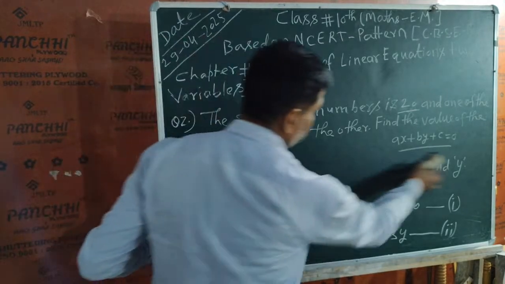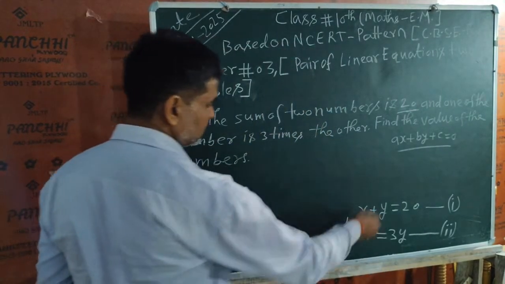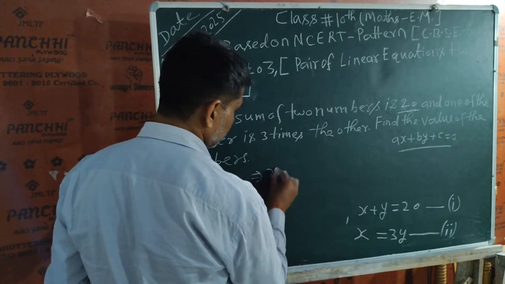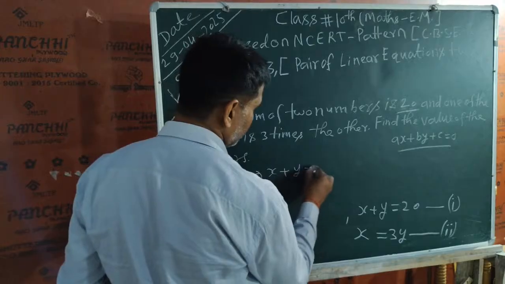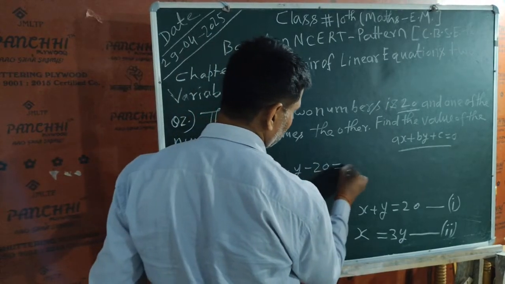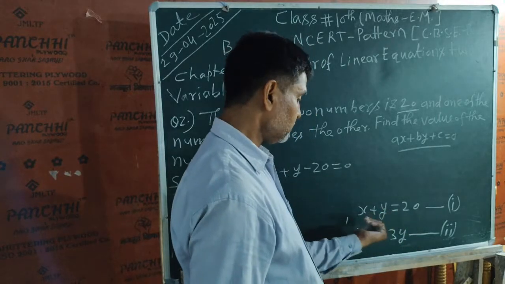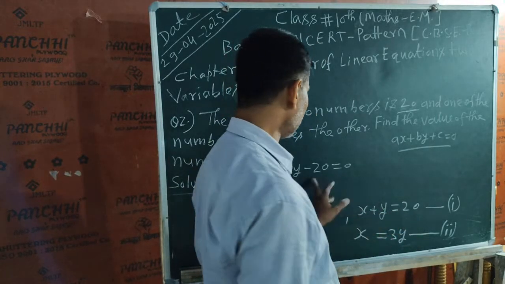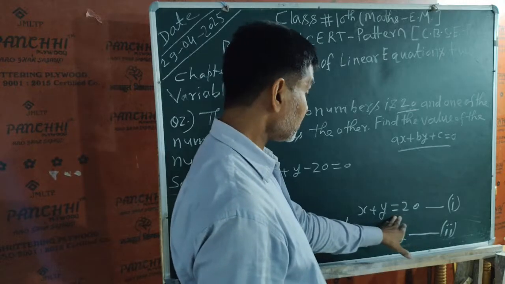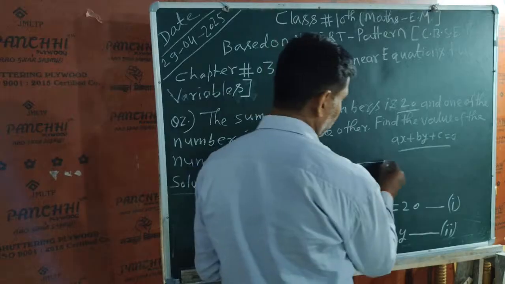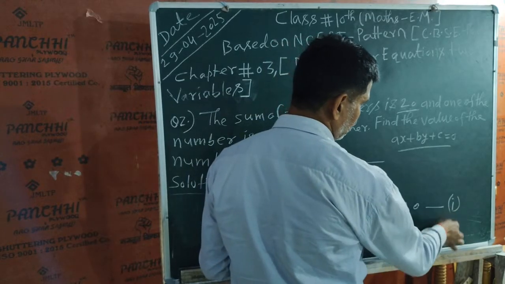You see like this. This expression I can write as x plus y minus 20 is equal to 0, because this 20 has a plus sign, it will come to the left hand side, so I will put a minus sign there. So this expression I can write like this, and this will become an equation.